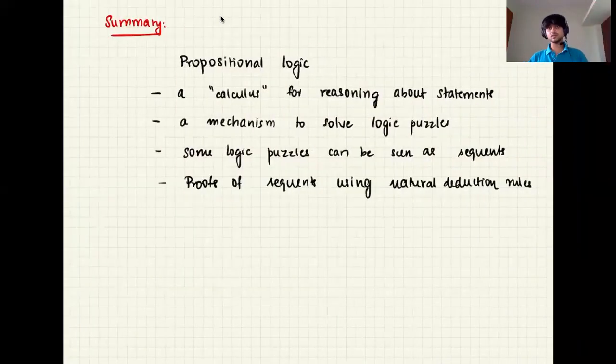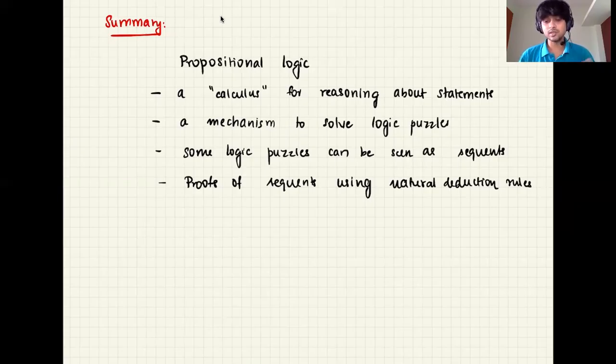This is the end of the logic module. Essentially we have seen a calculus for reasoning about propositional statements, and we have seen that it can be used mechanically to solve logic puzzles.